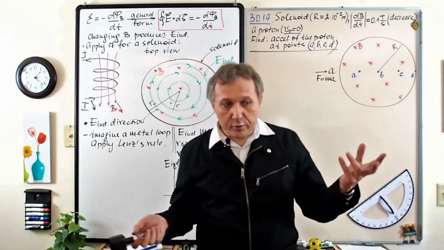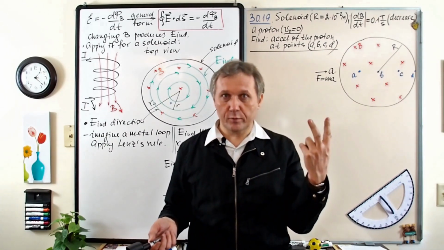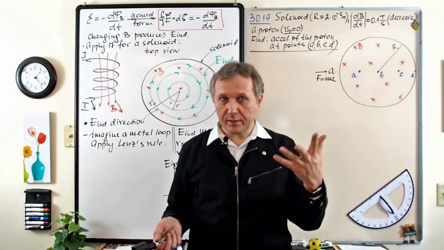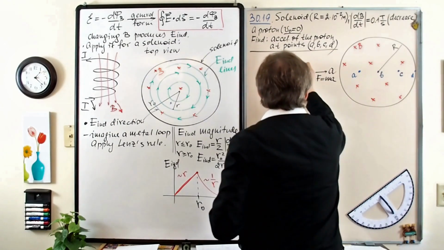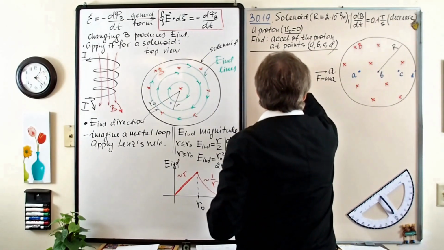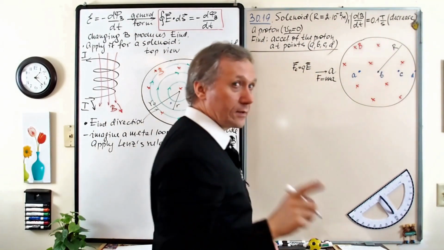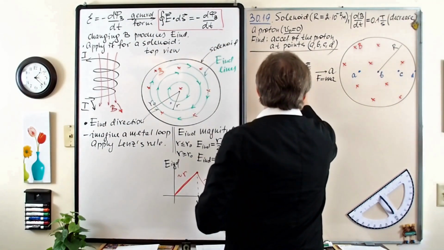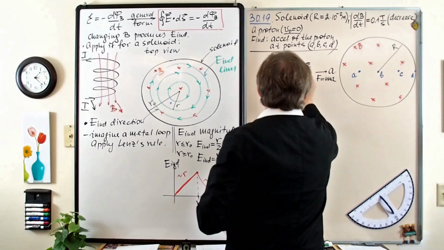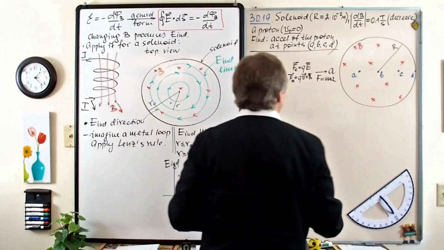So far in this course of electromagnetism, we have two types of forces: electric force and magnetic force. Let me write them down. First, the electric force, F electric equals Q times the electric field. And the second, the Lorentz force, F magnetic equals Q V cross B.